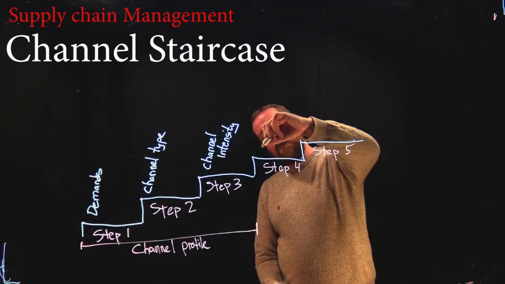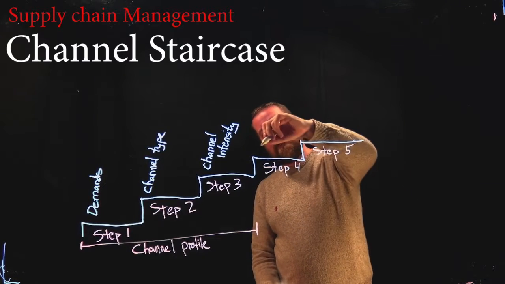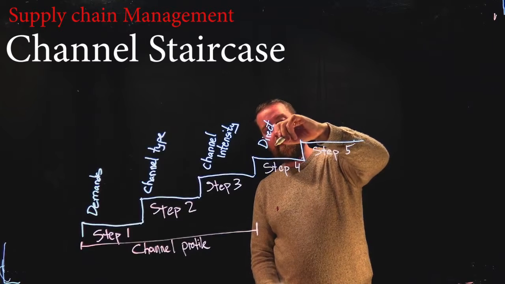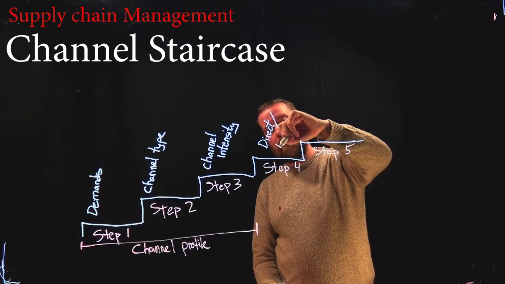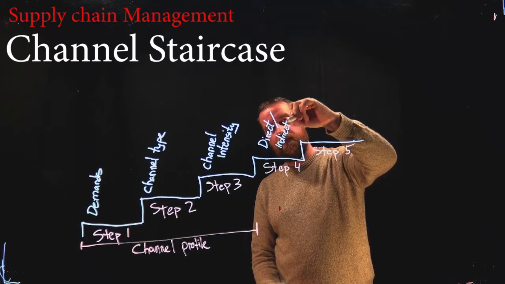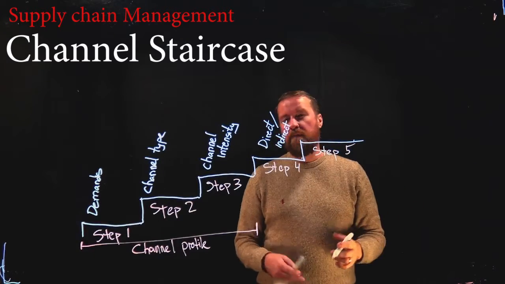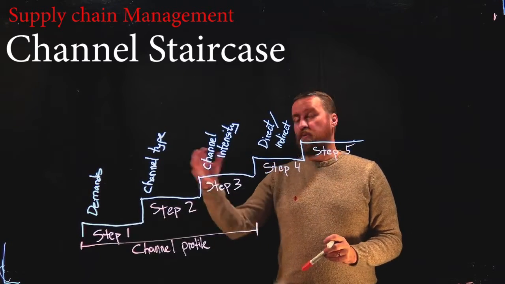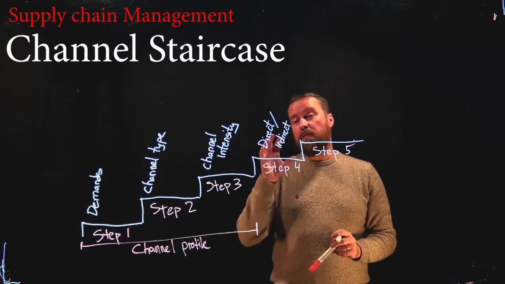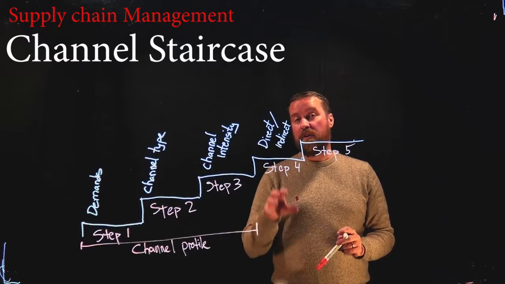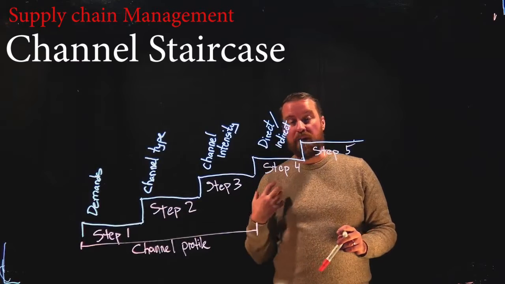implementation. Here we can look at, in our step 4, do we do direct or do we do indirect, or a combination of them? Direct distribution means that we as a producer or manufacturer of a good send and distribute it directly to the consumer, so they buy it from us.